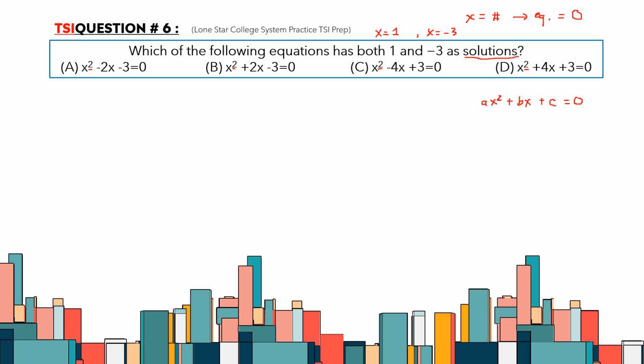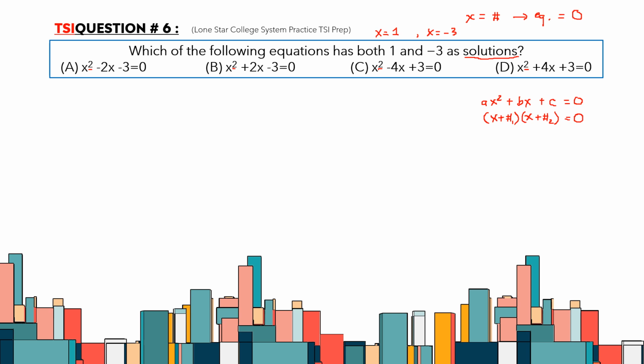Okay, let's go forwards first. If we have the equation ax squared plus bx plus c equals 0, we can factor it as x plus some number 1 times x plus some number 2 equals 0.